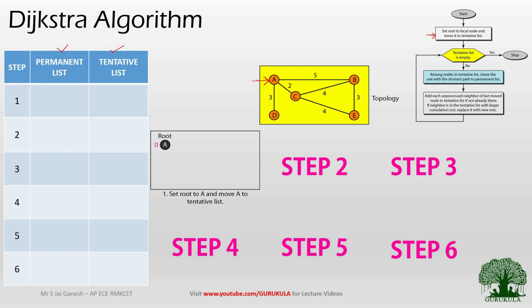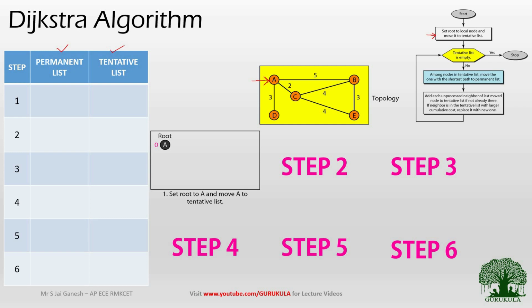Now I will try to visit all the other remaining nodes in the network from A, because A is my root node. That is the very first step, and let's see how A creates the shortest path.